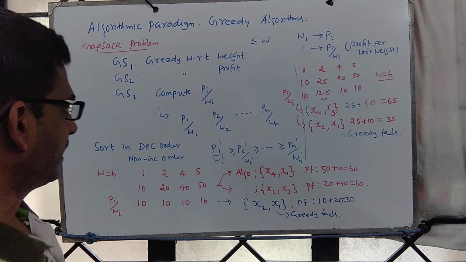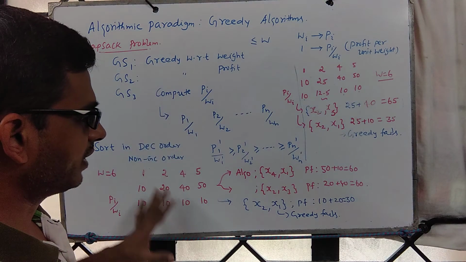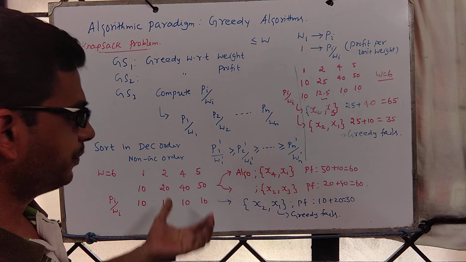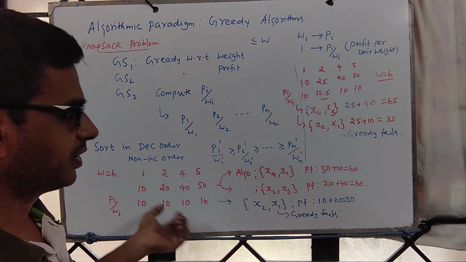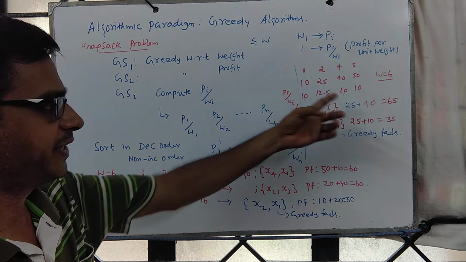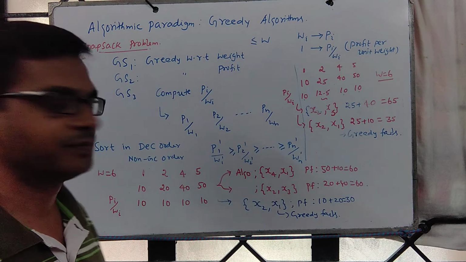So that shows that greedy with respect to profit per unit weight doesn't work always. So you may think it is because of the duplicates that the issue is there, but one can always construct an example where there are no duplicates, still the greedy is not giving optimum, which we shall see now.